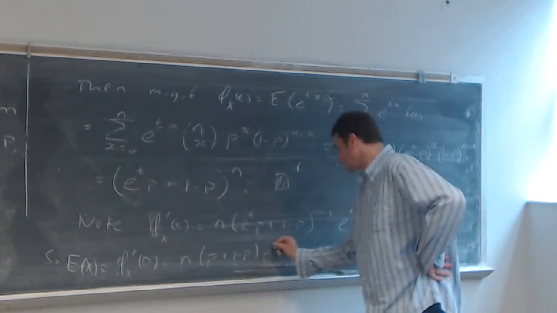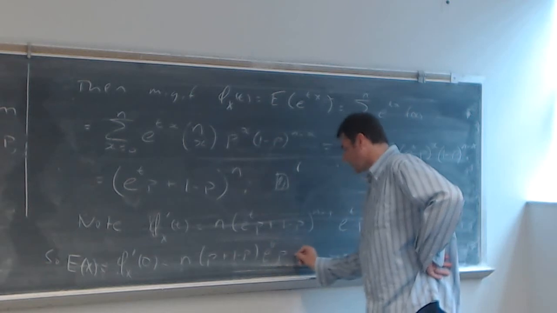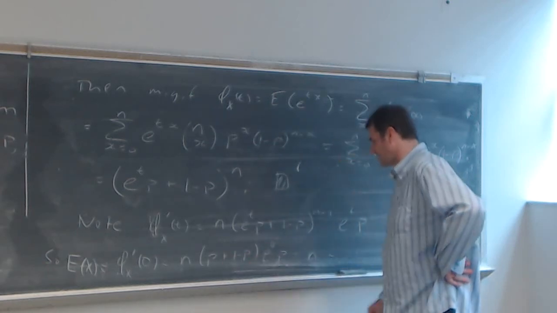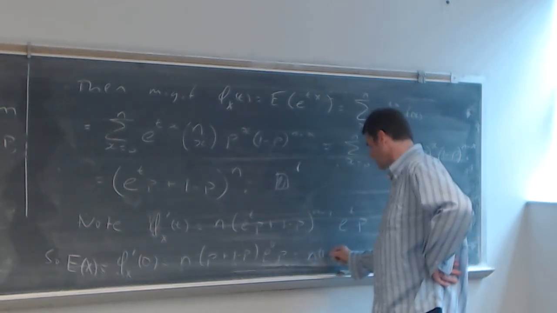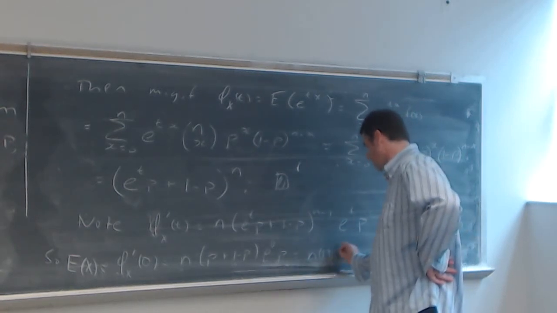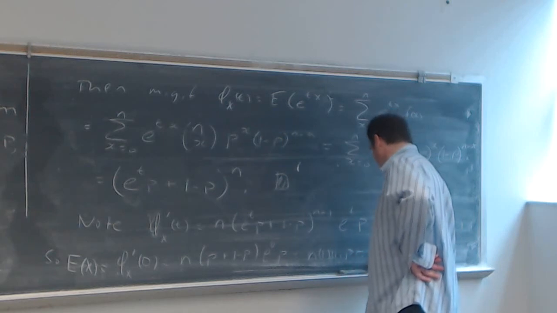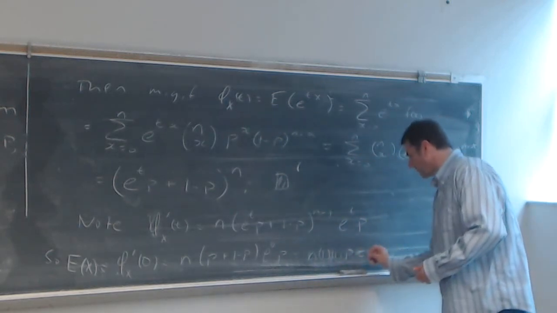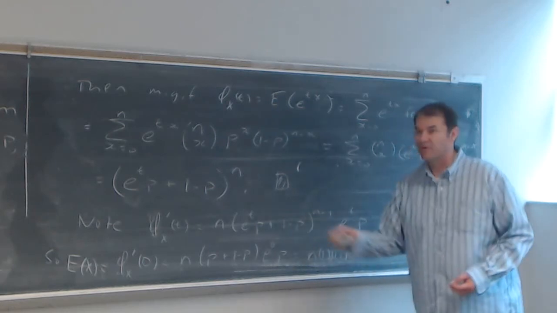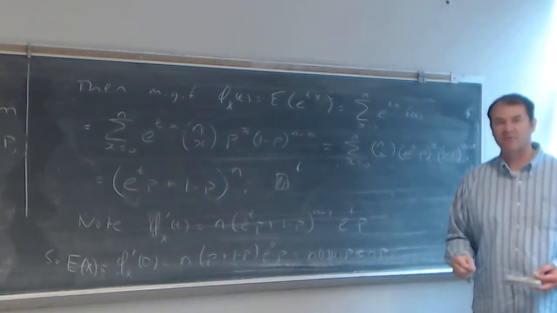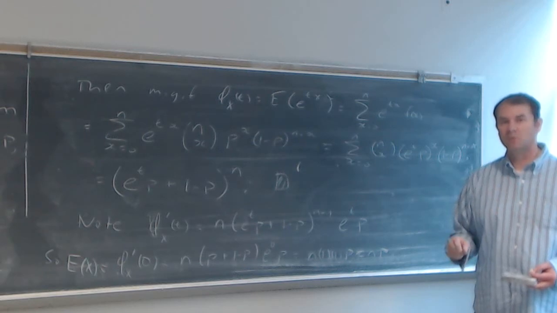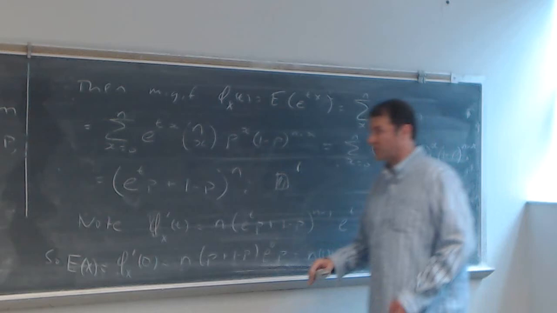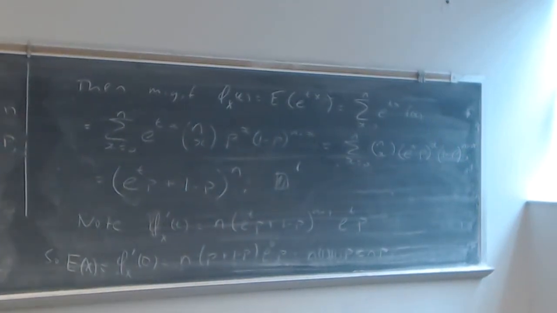Here this is e to the 0, and then p. And so this is n. p minus p is nothing, so this is just times 1. And then e to the 0 is 1, and then p, so we end up getting np. Hey, that's what we wanted to get. So we're verifying the fact that the expected value of x is the moment generating function's derivative evaluated at 0. It works for the binomial. We'll use it.